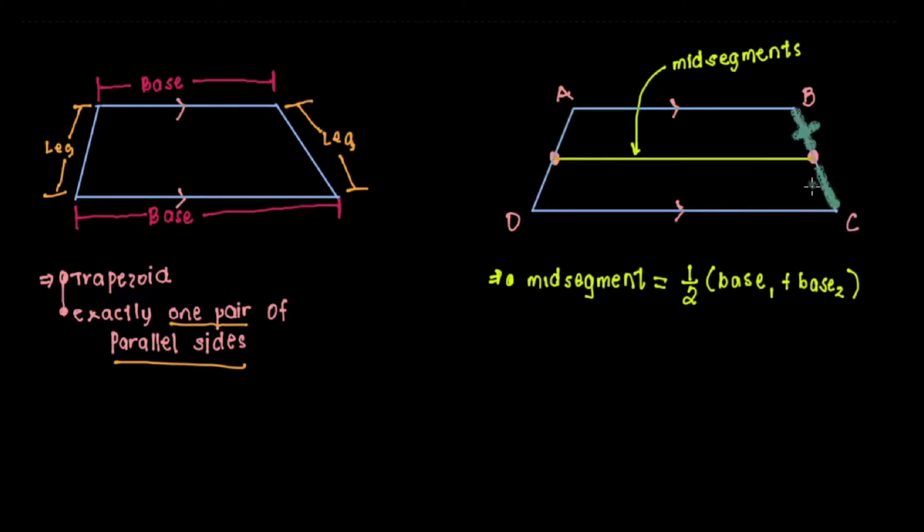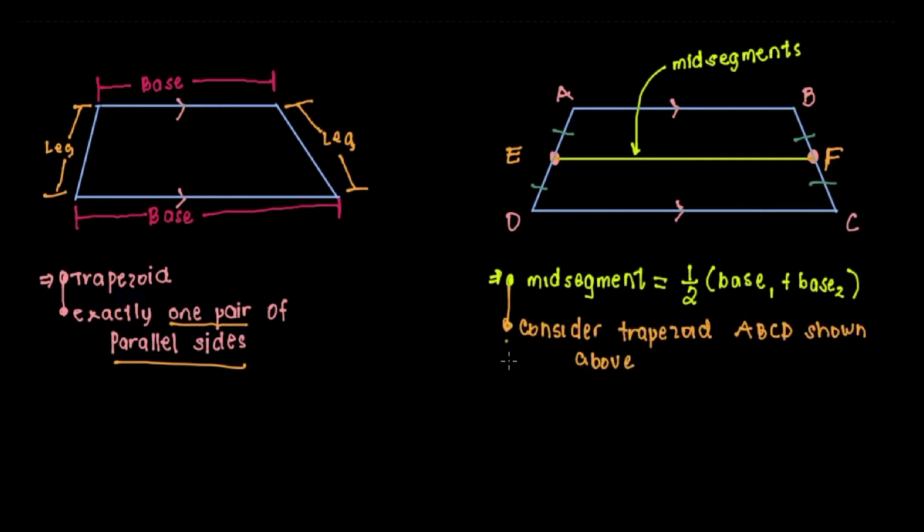So, this one is congruent to this one. Lagyan natin ang markings. They are congruent to each other. What else? We also have the name of our mid-segment. And as we continue our work, let us consider trapezoid ABCD shown above.